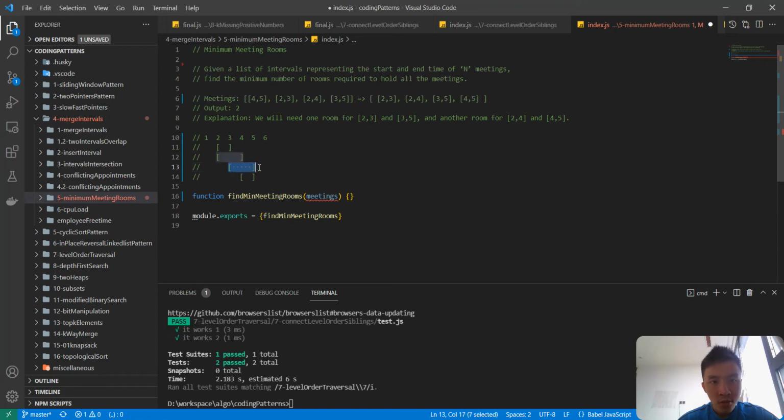We still have two intervals, which are 3 to 5 and 4 to 5. So we have two intervals happening at the same time, and we still need two separate rooms.